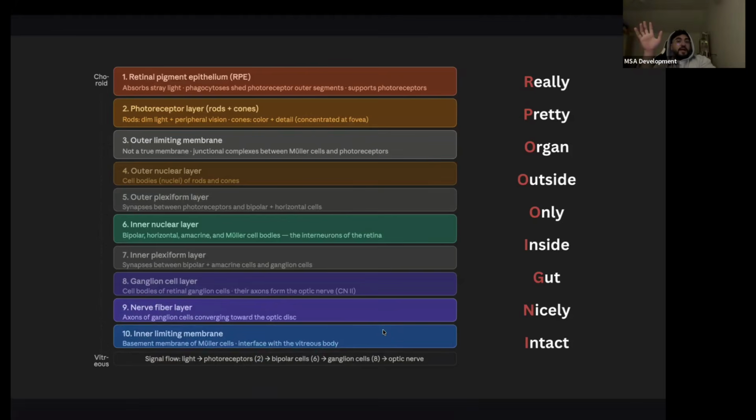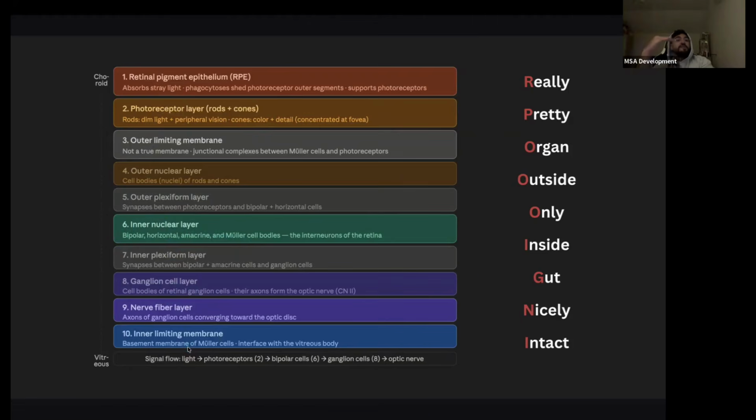Now, how does the signal flow within the retina? So you'll have it from the photoreceptors, which is the second layer right here from the outside, all the way to the bipolar cells within the inner nuclear layer, okay? And then they're going to go to the ganglion cells, which is in the 8th layer, and then they will get carried all the way to the optic nerve.